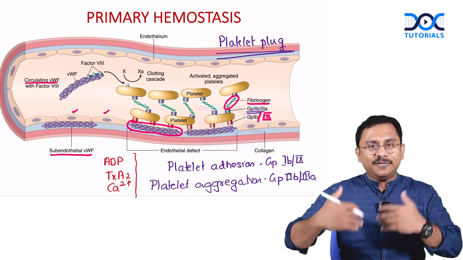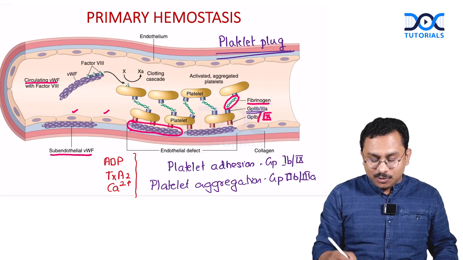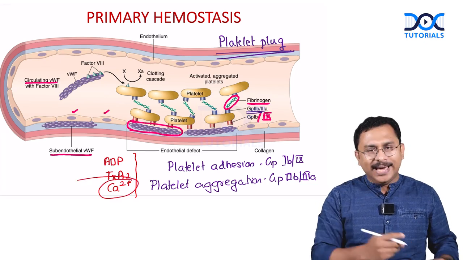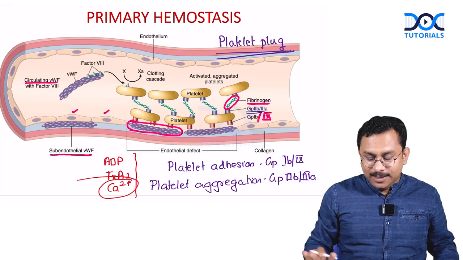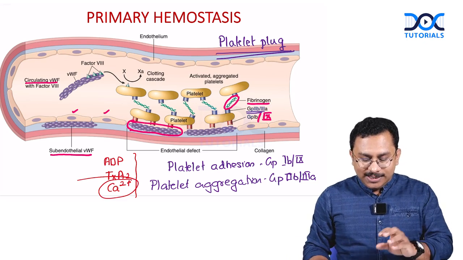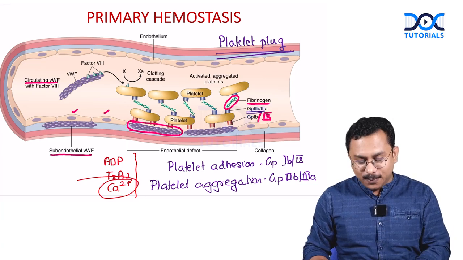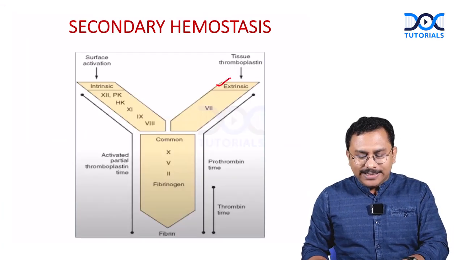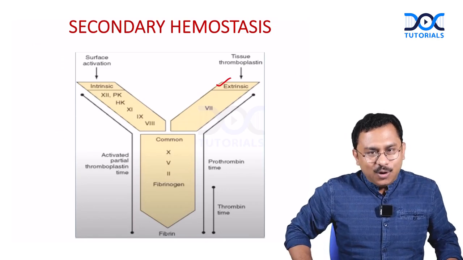After that, you have activation of the secondary hemostasis. The calcium and other factors can trigger the coagulation cascade as well. So I hope you understood what happens in the primary hemostasis phase. Now what about secondary hemostasis? It is mediated by the various clotting factors.